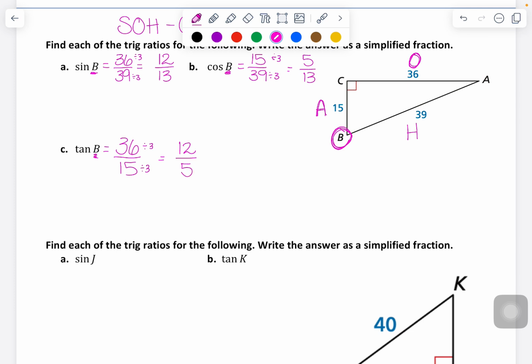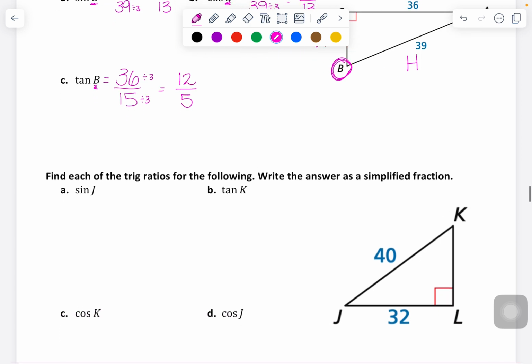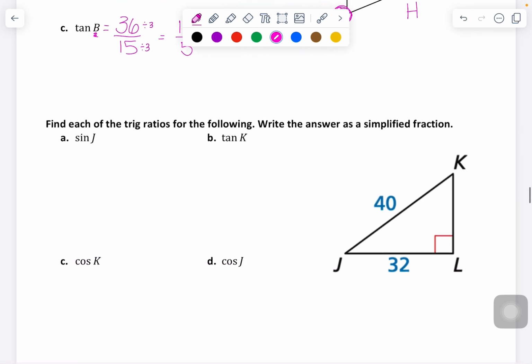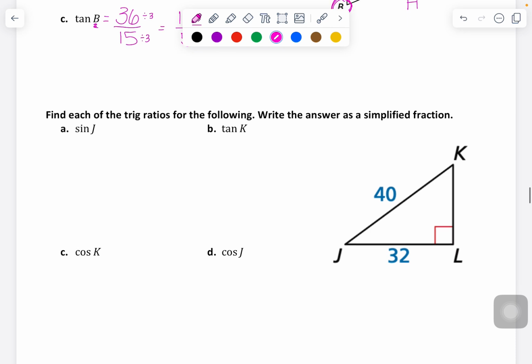Now, this is going to be our main focus today, but sometimes you're going to have some things that get a little bit harder, similar to our last section of problems here. It still says to find each of the trig ratios for this triangle. Write them as simplified fractions, but there's two things that make this problem a little more challenging.